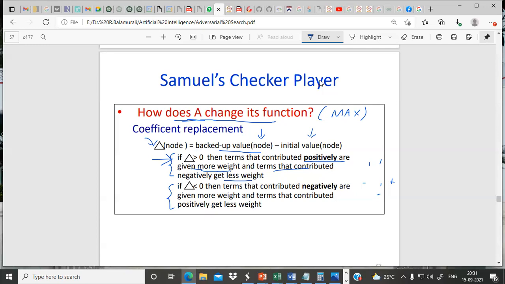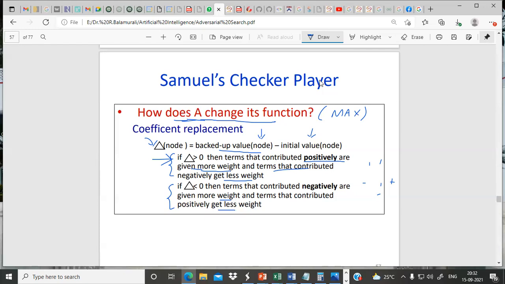Then the terms that contributed negatively are given more weights, and the terms that contributed positively will get less weight. Because we don't want to go in that direction, since that will minimize our score.